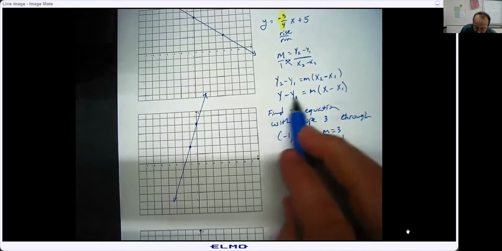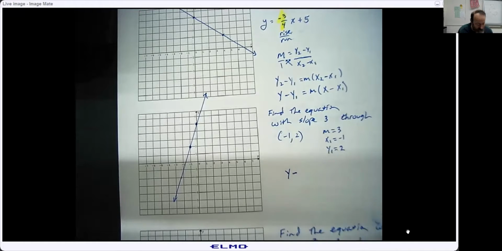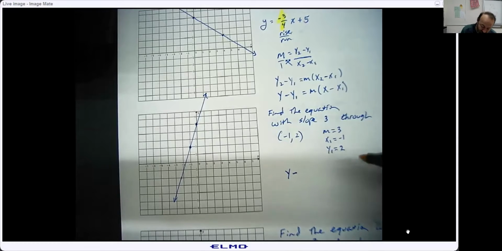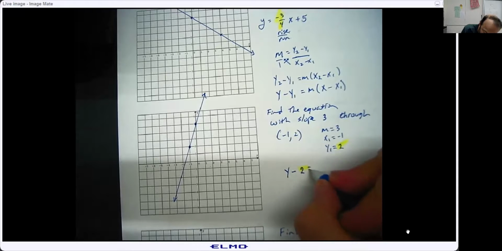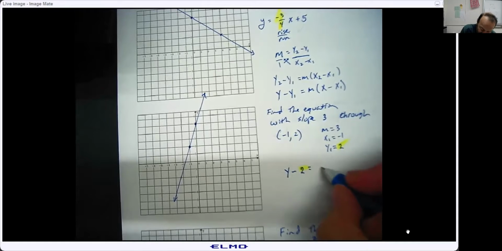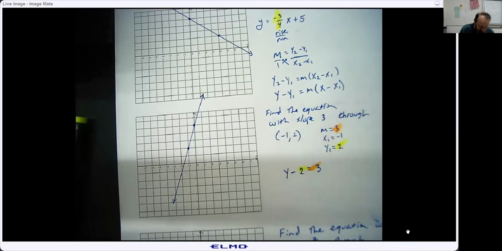But if we look at this form right here, what we're going to do is say y take away that y1 value. And that y1 value right here was the number 2. So we're going to do y minus 2 is equal to m, but the m was 3. Keep in mind the slope m in the equation goes here.